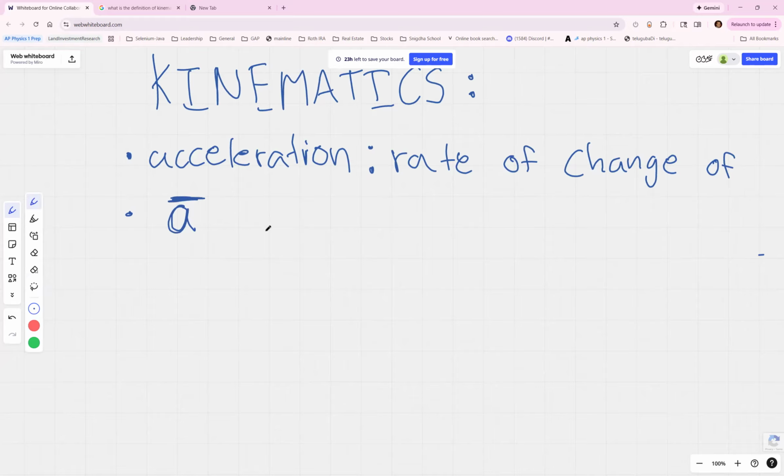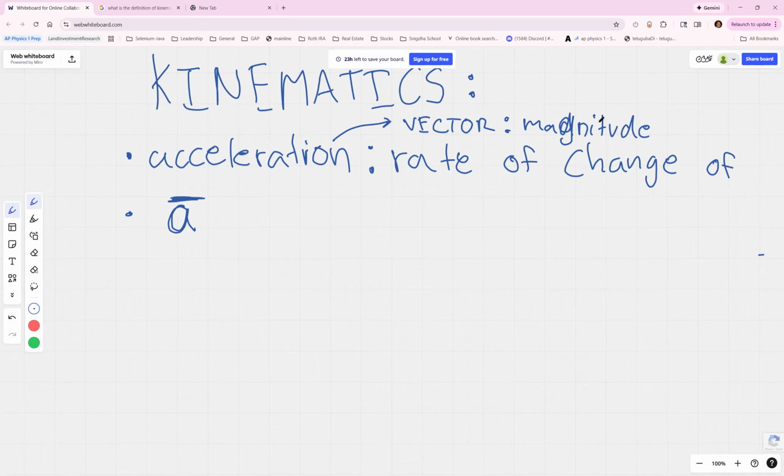It is important to remember that because acceleration is describing velocity, it is also a vector, and a vector means that it has magnitude and direction.